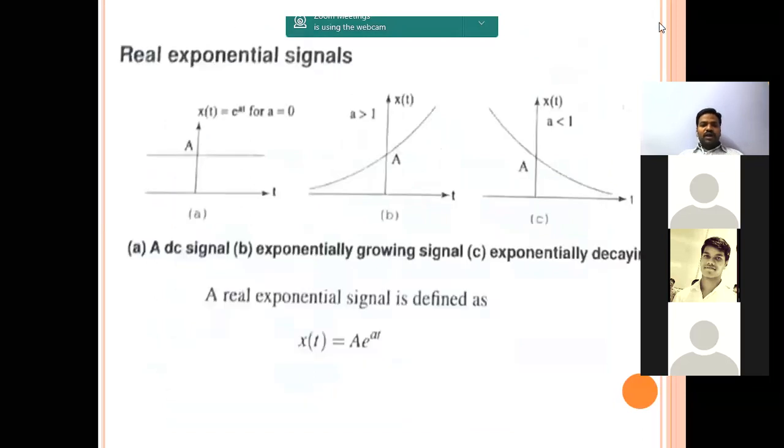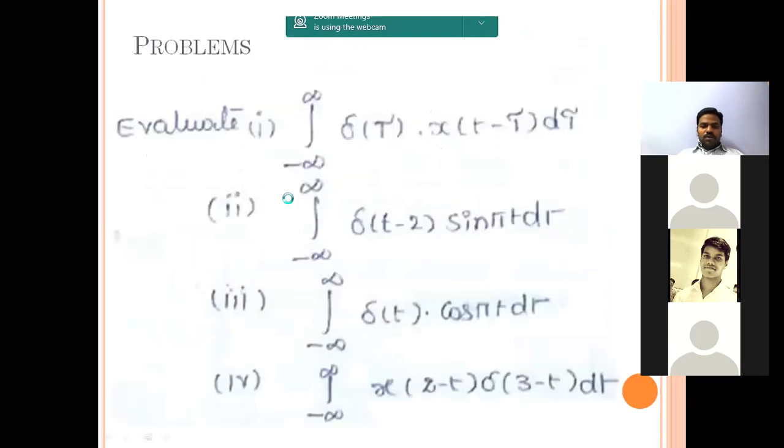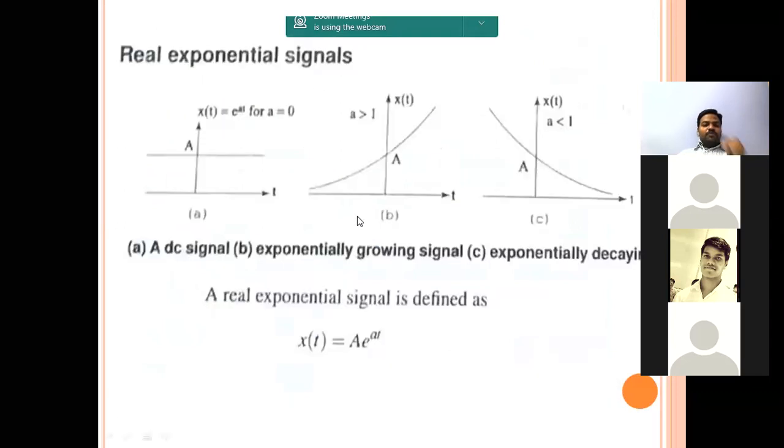Now please see here, next one is the real exponential signal. Here the real exponential signal mathematical expression is given as x of t equal to a into e power at.